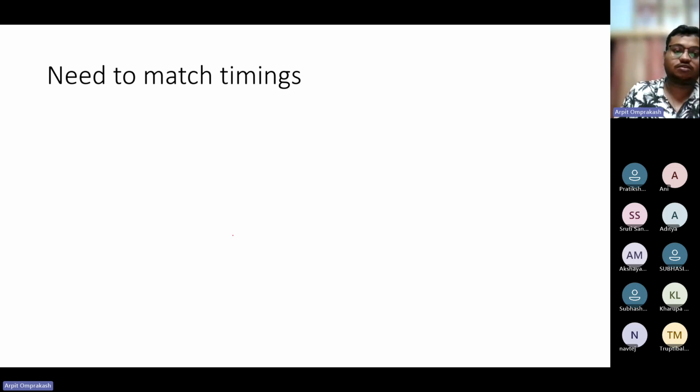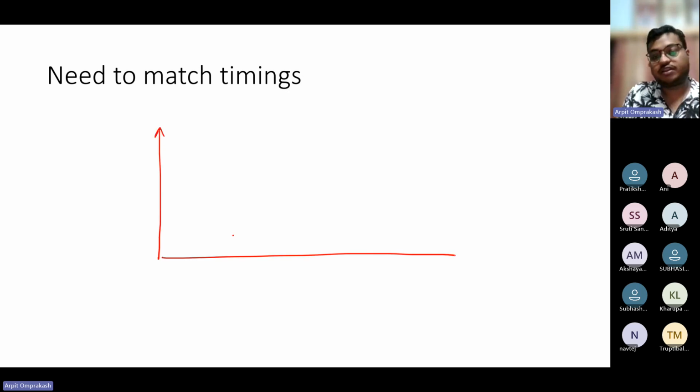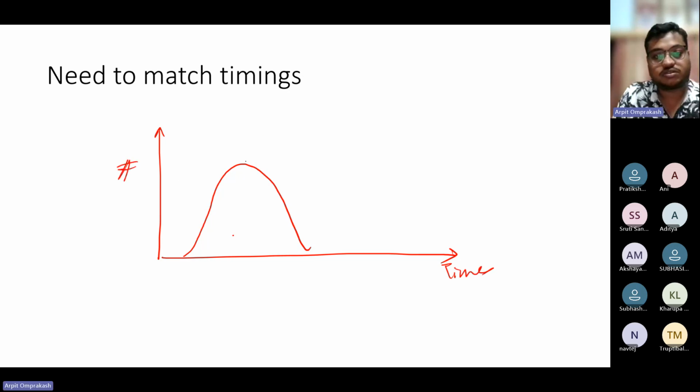So there's this thing where you need to match the timing. For example, let's say on the x-axis we have time, and here we have a number of different populations. Let's say this is our fish population, or the juvenile population, or fish larvae.